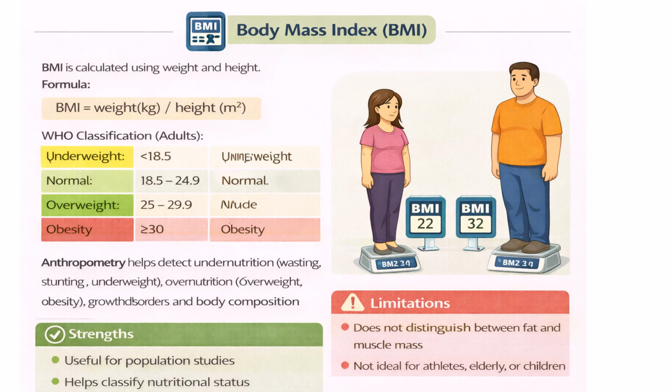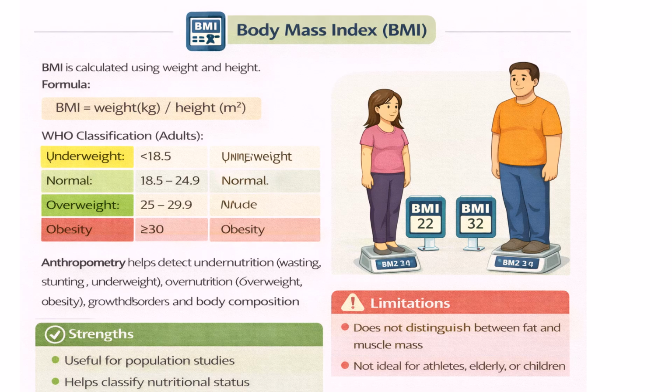The strength for this method or tool is that it is useful for population study. You can use it for a large population, and it helps to classify nutritional status. Limitation includes that it does not distinguish between fat and muscle mass.